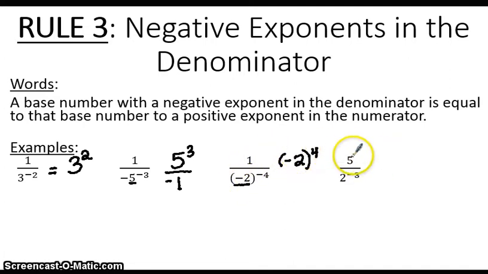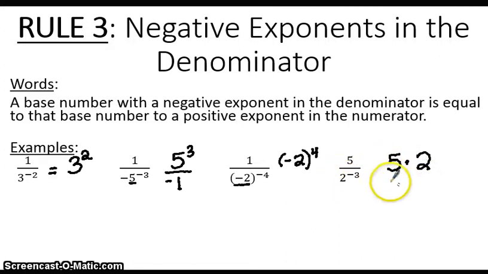Now, in this last example, we have 5 in the numerator. The 5 will remain in the numerator since it is not a 1. 5 times the number gives a different value than 1 times the number. Now, since we have a negative exponent in the denominator, we will have to move that to the numerator, meaning up with the 5. So we will put times 2.